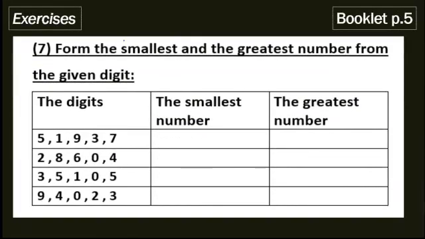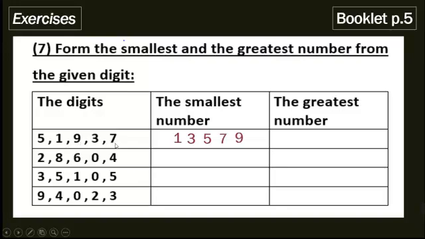Next exercise on page 5. Form the smallest and the greatest number from the given digits. He gave me some digits, and I want to make the smallest number and the greatest number. All I will do is arrange these digits in ascending order to make the smallest number, like this: 1, 3, 5, 7, 9.